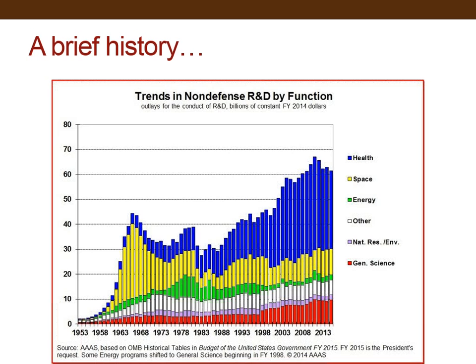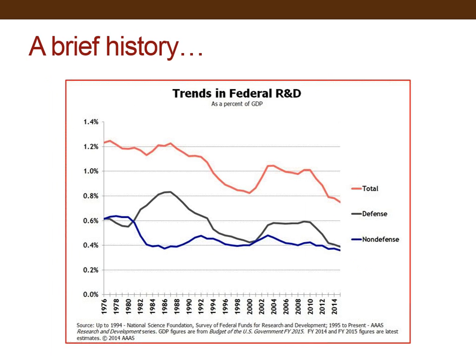But if you compare that in the next slide with the funding as a percent of our GDP, so relative to how much money we have, how much are we spending, you see that basically since the mid-70s there's been a steady decline. And you also see that for every dollar we spend doing non-defense oriented research, we're spending quite a bit more money on the science of defending ourselves.